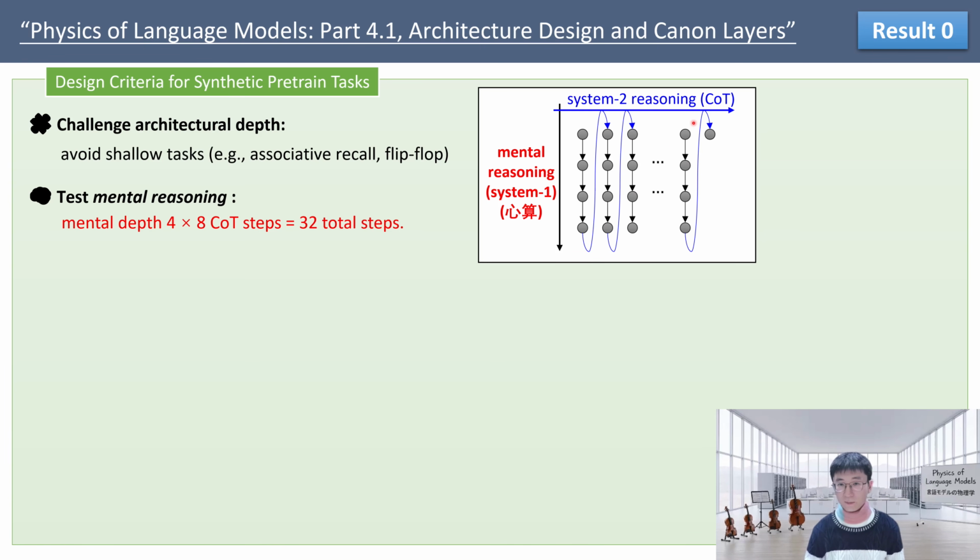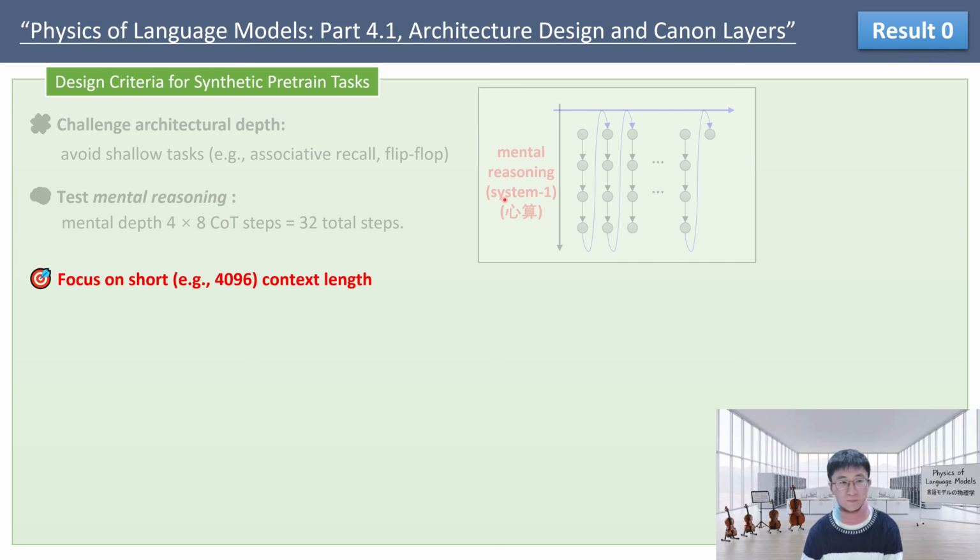But what a model's architecture really influences is the capability of the model's mental reasoning skill. For instance, if you have a model that's too shallow, then of course it cannot mentally reason too deeply. So the architecture design is going to influence the model's mental reasoning or system 1 reasoning instead of the chain of thought reasoning. So we want to focus here.